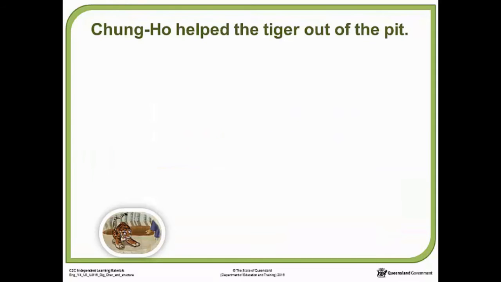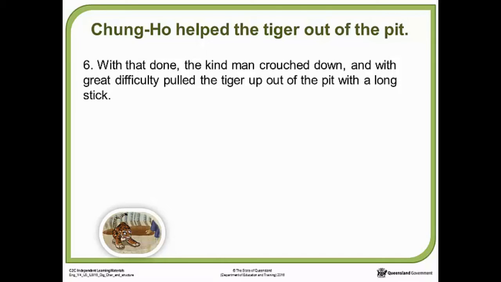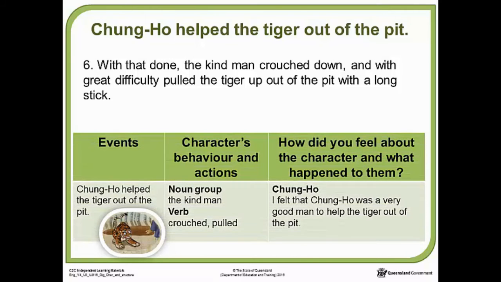The next event we will look at is when Chung Ho helped the tiger out of the pit. With that done, the kind man crouched down and with great difficulty pulled the tiger up out of the pit with a long stick. Once again, can you find a noun group and a verb? The noun group I found for Chung Ho was the kind man, and the verb was crouched.